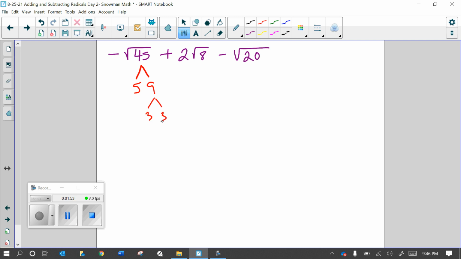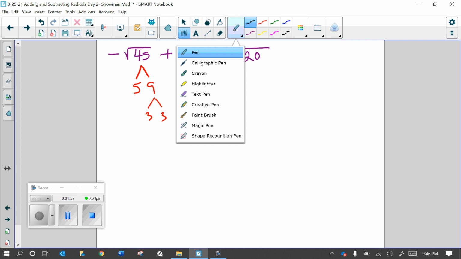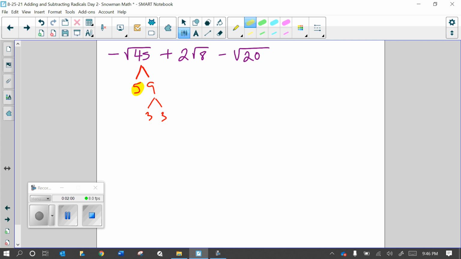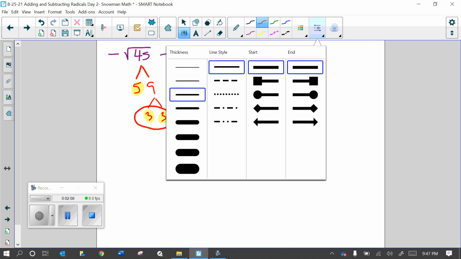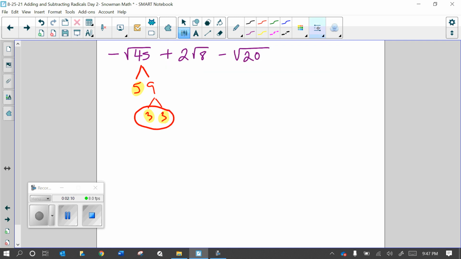Now we are working with those prime numbers, the 5, the 3, and the 3. So we have a pair of 3's. That means one of the 3's comes out of the radical. Whenever you have a pair, one comes out. And then underneath, we just have this single 5. He doesn't have a buddy, so he stays under the radical.